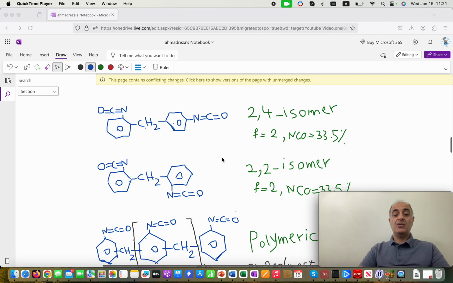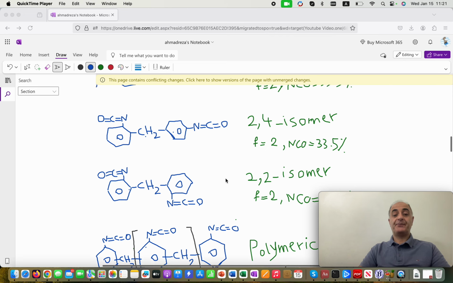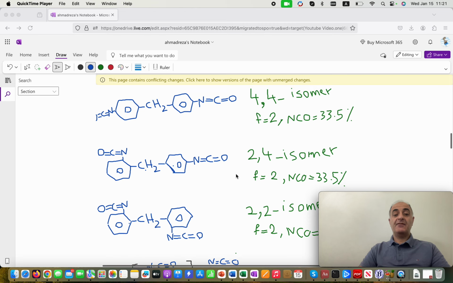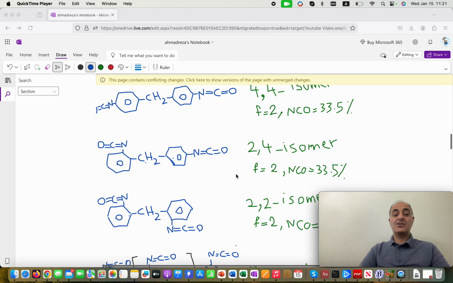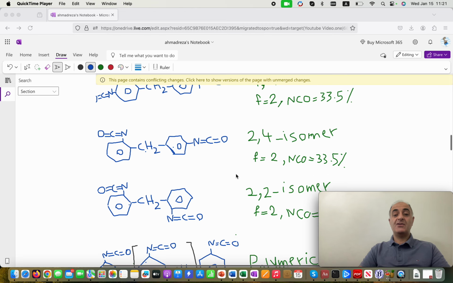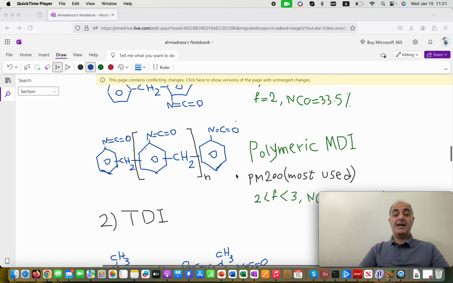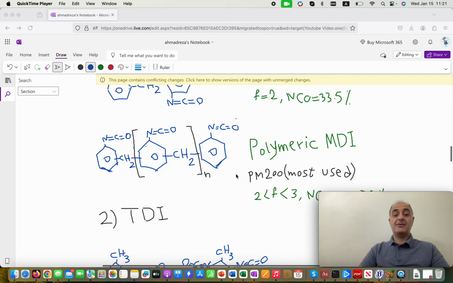And the 2,2 isomer, which is not so important and whose amount is very low in the mixture, has both isocyanates located in the second position. The functionality for all three isomers is 2, and NCO is 33.5%.